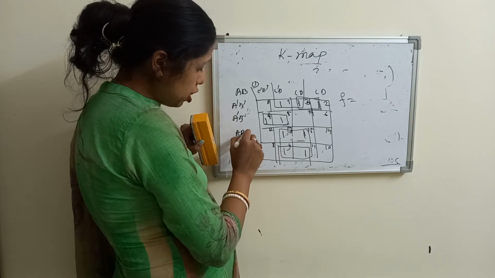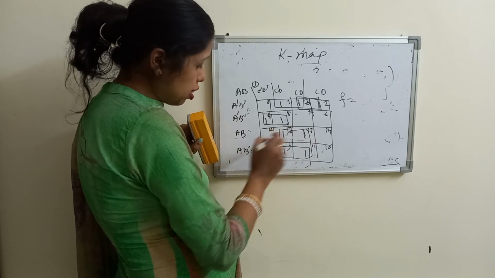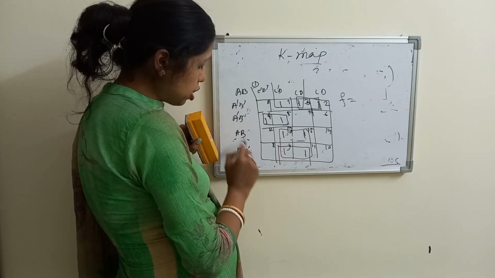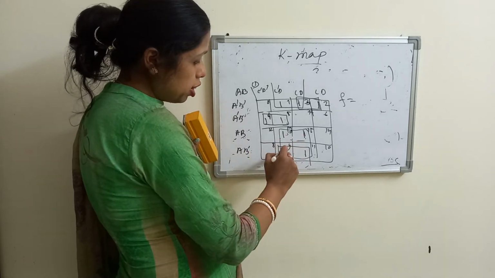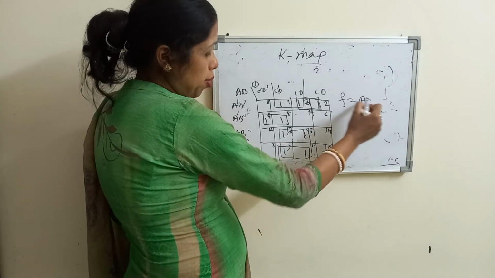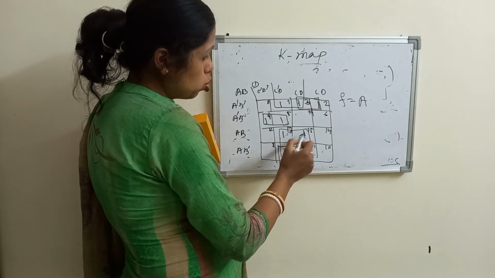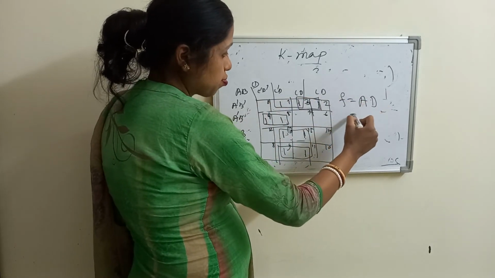So I have to check these two values, because these two values are included in these cells. Among these two cells, I have to check which value is constant. You can see A is constant for these two cells. So A. Now I am checking this value. For these two cells, you can see D is constant.